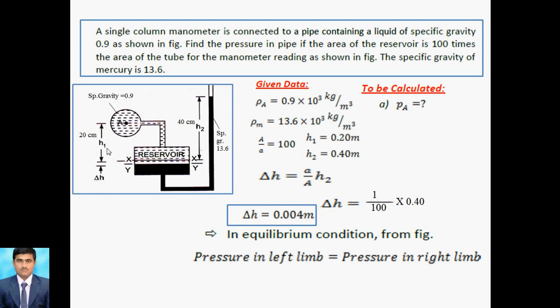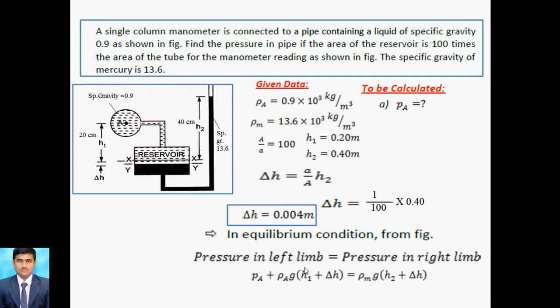For the left limb we construct the equation, that is PA plus rho A G H1 plus rho A G delta H, because delta H, the smallest deflection height, is equal to the manometric liquid, rho m G, H2 plus smallest deflection delta H. So this is the equation for the left limb and right limb.